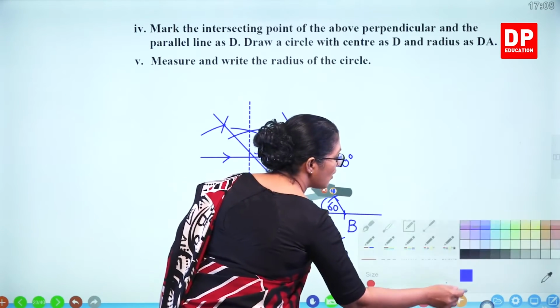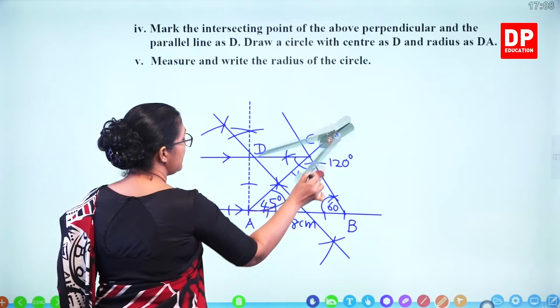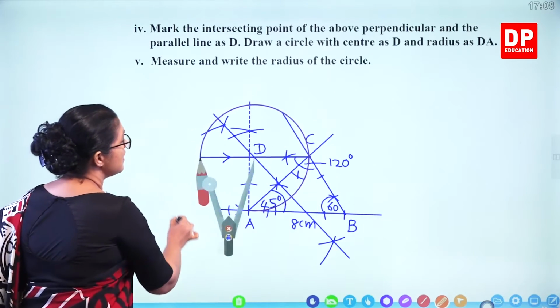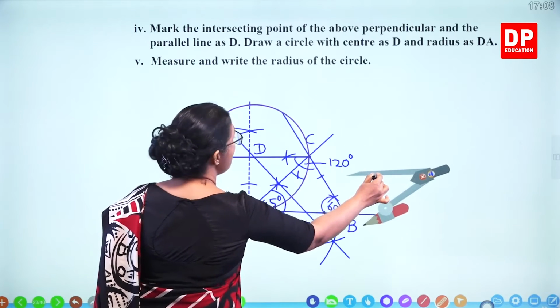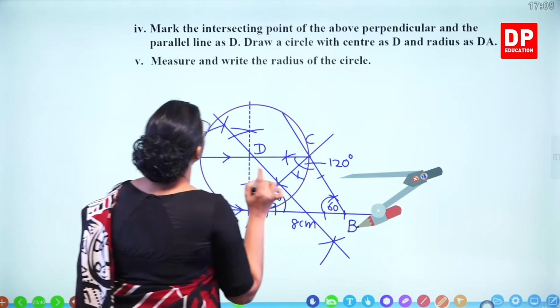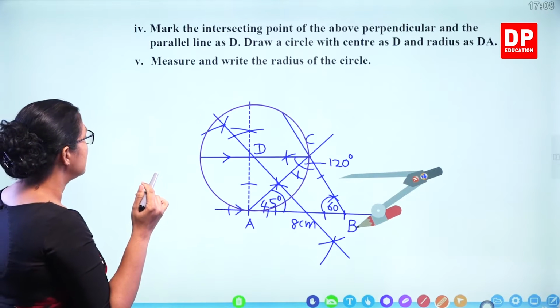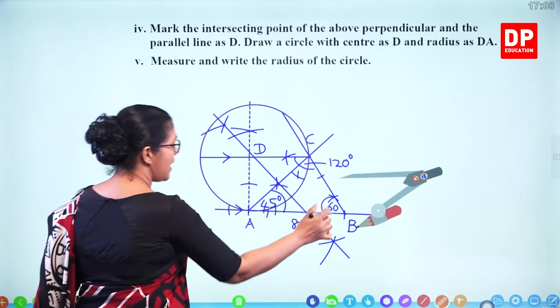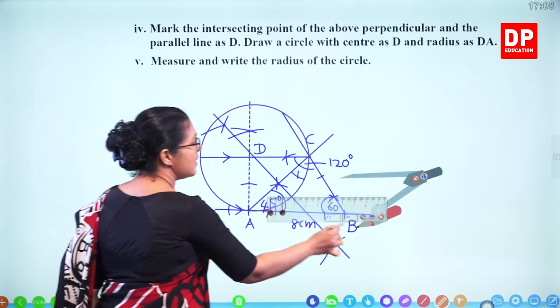and you can complete the circle. I'll use a different color to show that clearly. So this is the circle. Measure and write the radius of the circle. Radius means D and A. We can use the ruler to measure this distance.